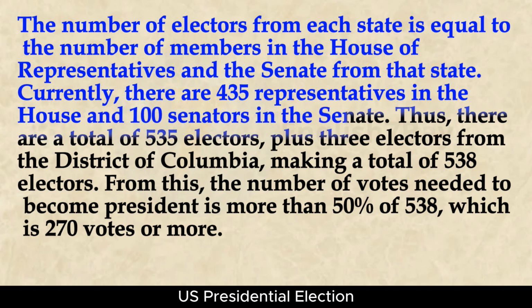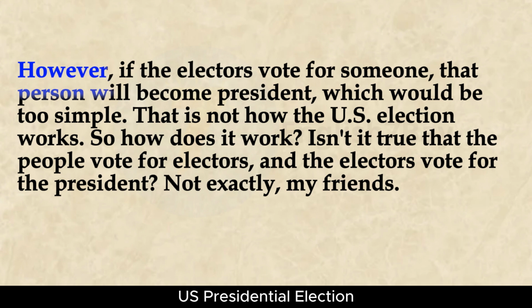Thus, there are a total of 535 electors, plus 3 electors from the District of Columbia, making a total of 538 electors. From this, the number of votes needed to become president is more than 50% of 538, which is 270 votes or more.